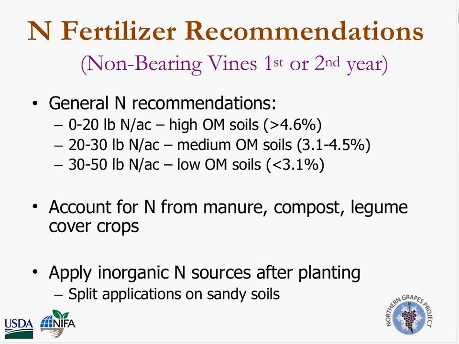If you're using manure or compost or any kind of legume cover crops, this will also supply nitrogen, so be aware that vine growth will also be affected by those sources. We suggest applying nitrogen after planting, unlike phosphorus and potassium, which are very immobile in the soil. Nitrogen is mobile, and surface applications will eventually get down to your root system with rainfall.